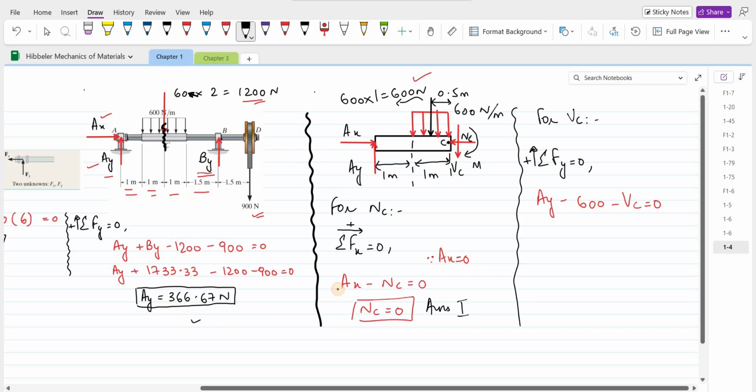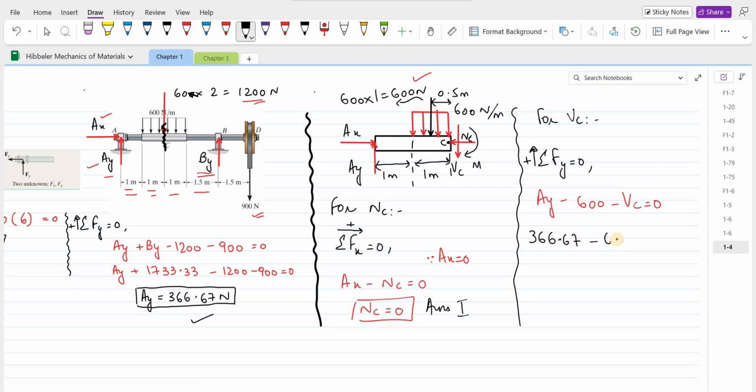So AY is 366.67 newtons, minus 600 minus VC equals to 0. So VC comes out to be negative 233.33 newtons. So this is our second answer.